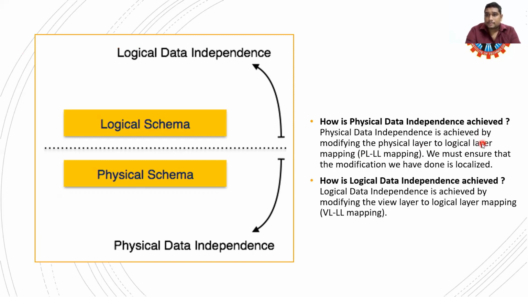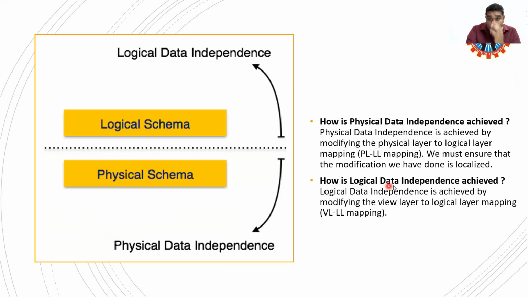We are modifying the physical layer to the logical layer. That is a mapping between the physical layer and the logical layer, so that we must ensure that the modification we have done is localized. If we map the physical level to the logical level, physical data independence is achieved.